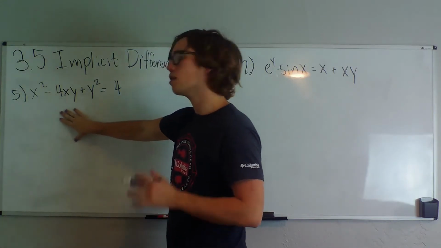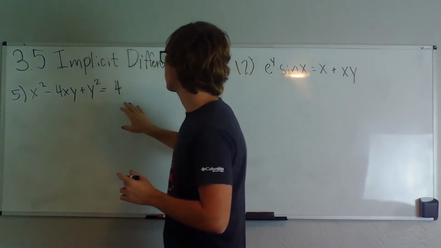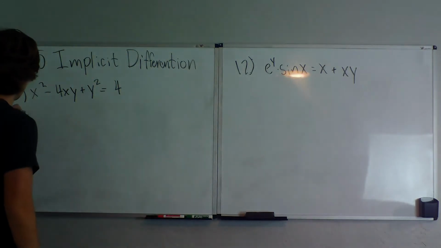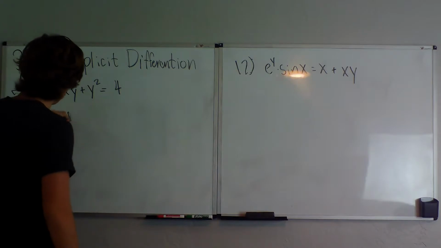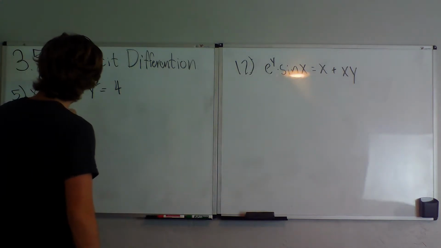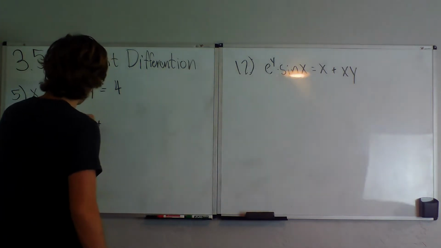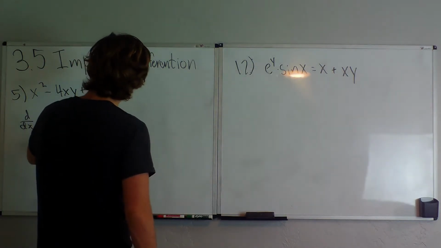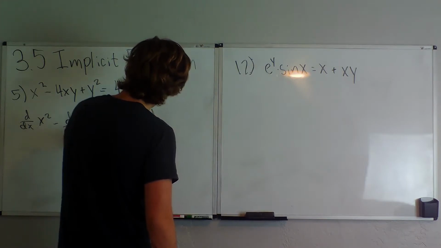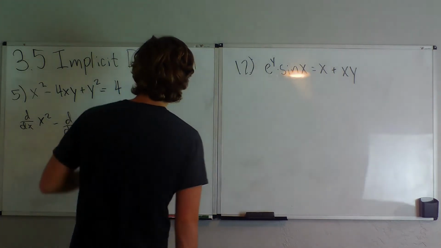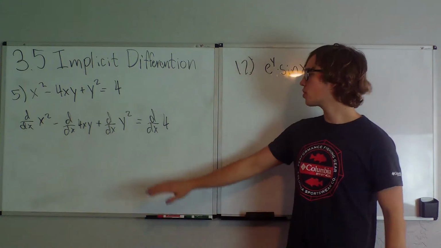We're going to differentiate term by term by d dx. Okay, well let's just write that out. d dx of x squared minus d dx of 4xy plus d dx of y squared is equal to d dx of 4.